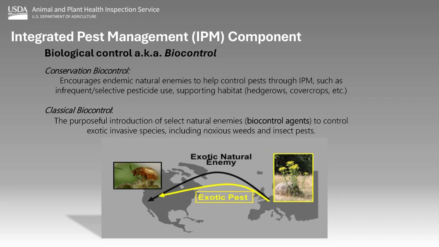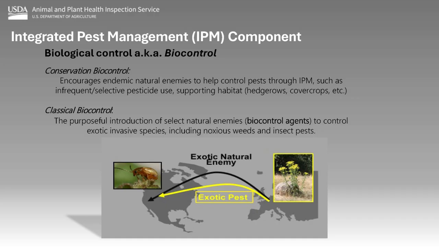And in contrast, classical biocontrol looks to the native range of the pest itself for safe options that could be added to our ecosystem. Insects are ideal for this job since they are incredibly diverse and often very host specific.